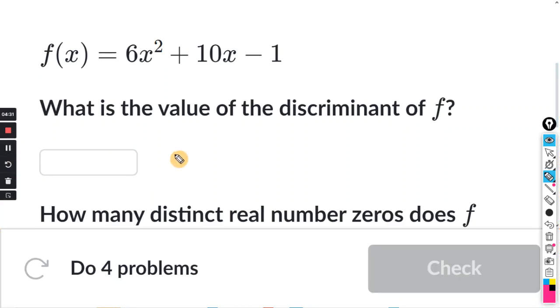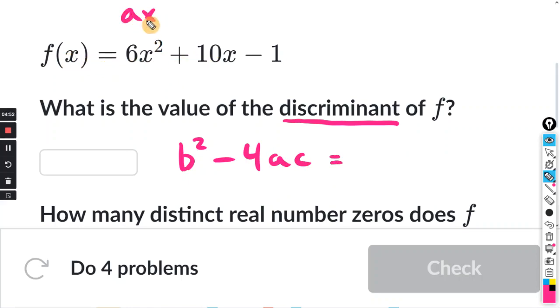All right, on to the problems. What is the value of the discriminant of f? We know the discriminant, we said it a minute ago, is going to be b squared minus 4ac. So this function f is in the form of ax squared plus bx plus c.